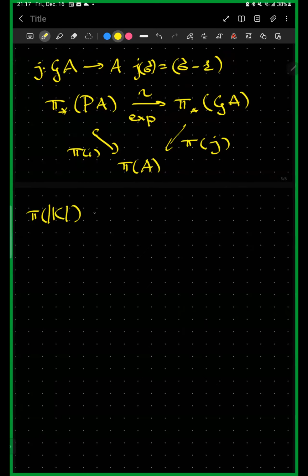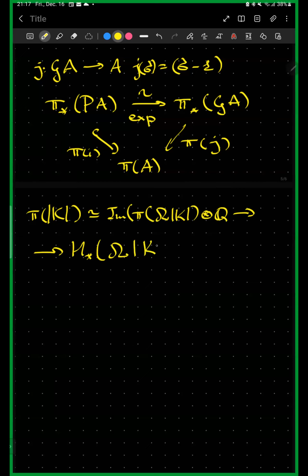So we have an isomorphism of rational homotopy Lie algebra with the image of rational homotopy Lie algebra on the loops inside of homology of the loop space.